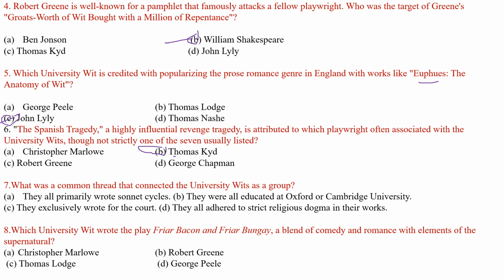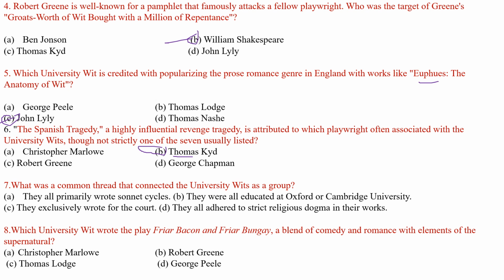Thomas Kidd was not formally part of the University Wits. He was closely associated with them, particularly with Christopher Marlowe. The Spanish Tragedy was written by Thomas Kidd.